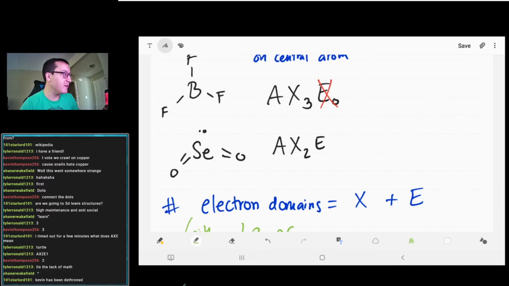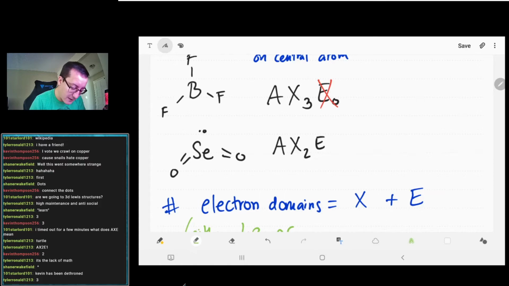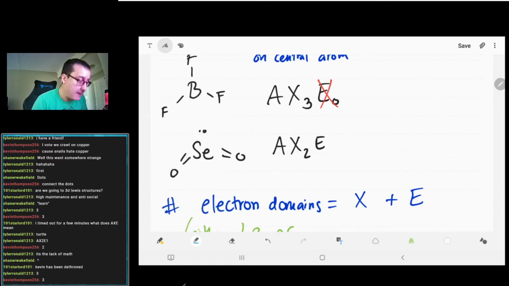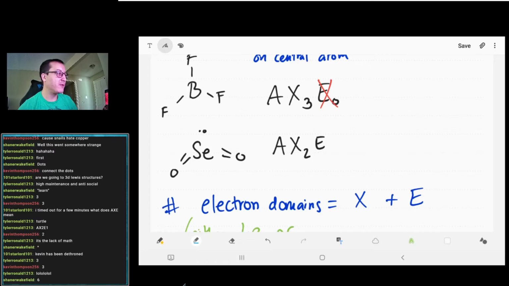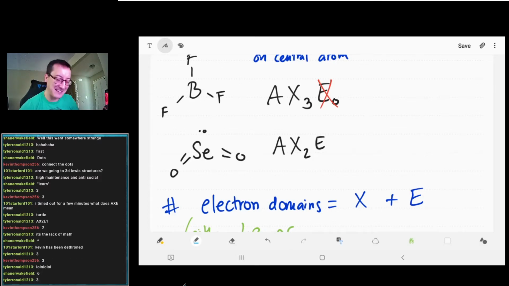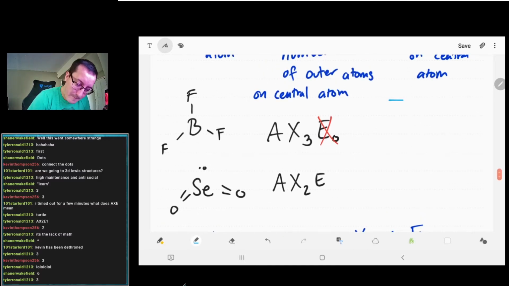I hope we can do this math, Tyler. Let's see if we can continue our winning streak. What is 3 plus 0? Hooray! Even Kevin got this one. And what about 2 plus 1? Very good. Yes, indeed. So, both of these have 3 electron domains.